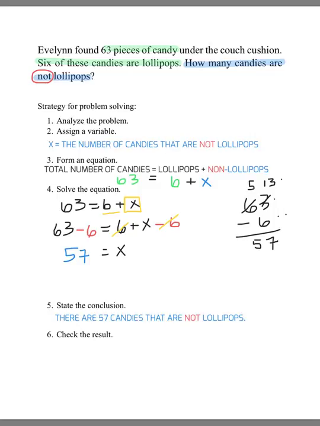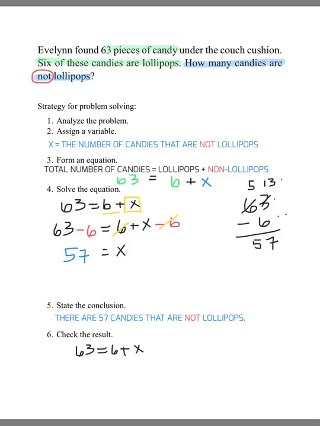So here we go. Now to make sure that our solution is correct, let's go ahead and check the result. Just like in step 4, we always want to start off with the original equation. The original equation was that found in step 3, so that's going to be 63 equals 6 plus x.